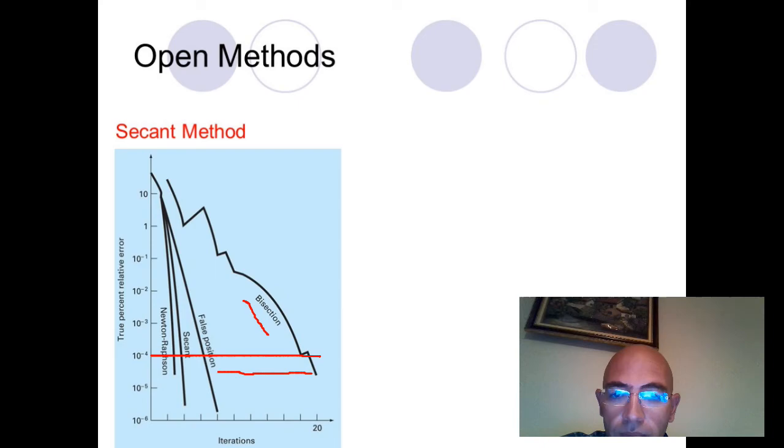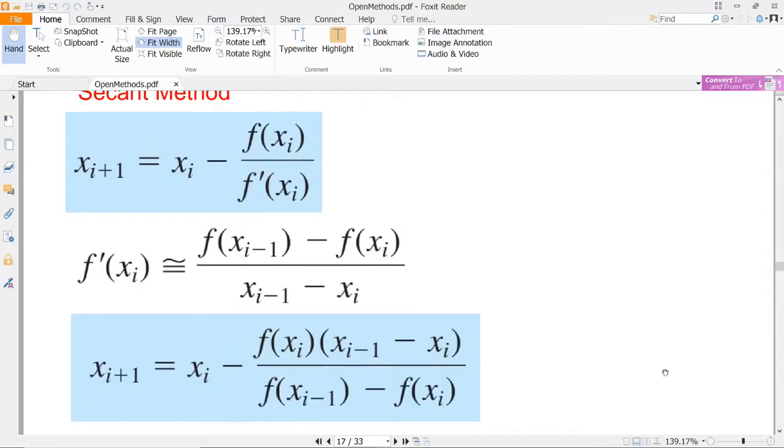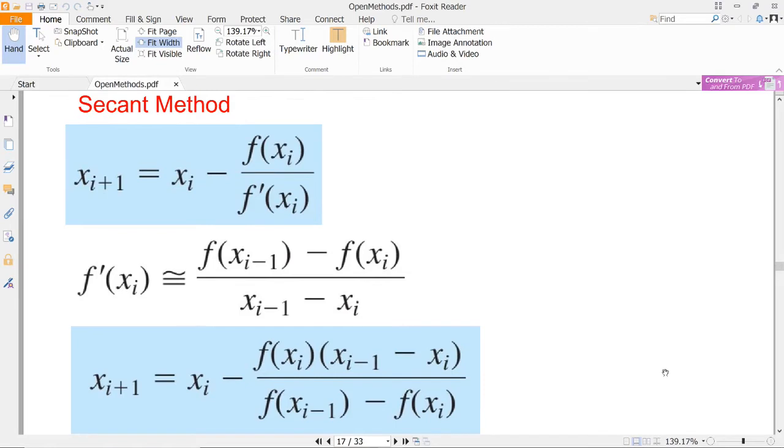Let's modify it, and let's say that this is the secant method, so we just modify it a little bit. Now instead of taking the derivative here, I will use the approximate derivative.